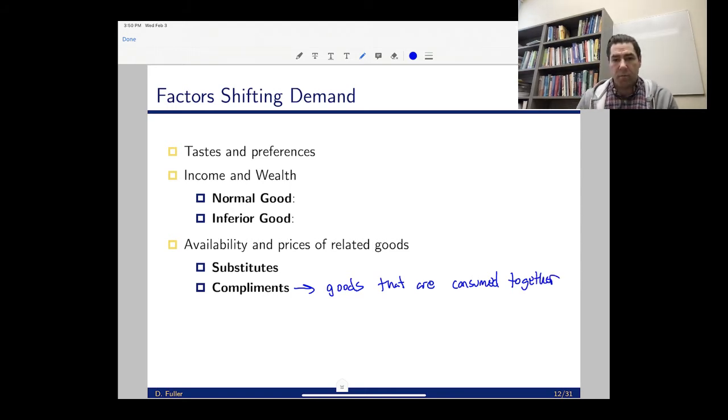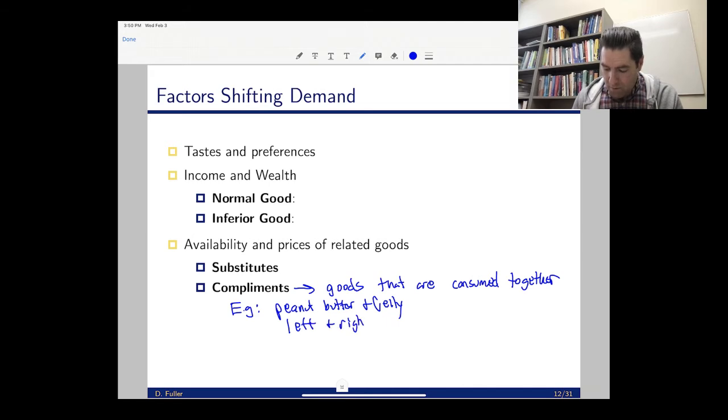Right, and so there's lots of examples of complementary goods: peanut butter and jelly, left and right shoes. So, one example I thought of when I was thinking about the NFL football games.